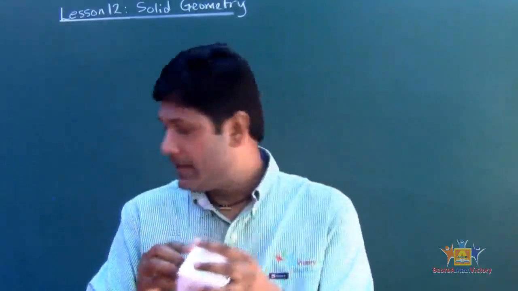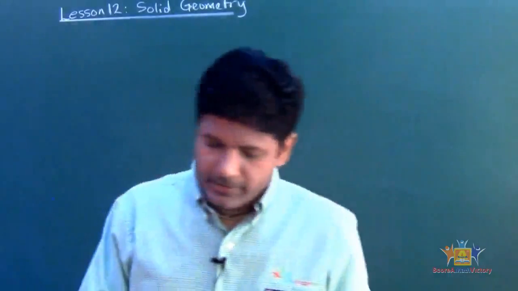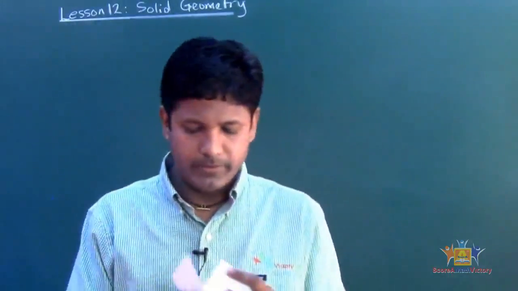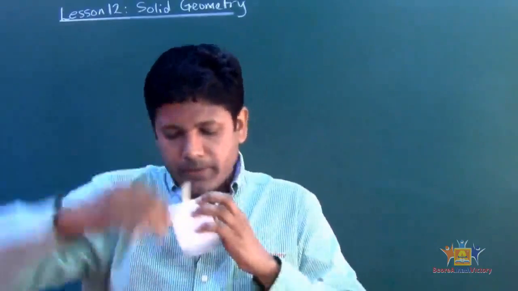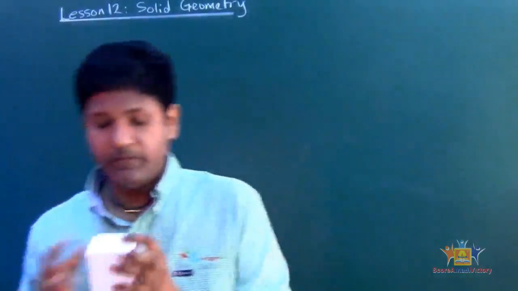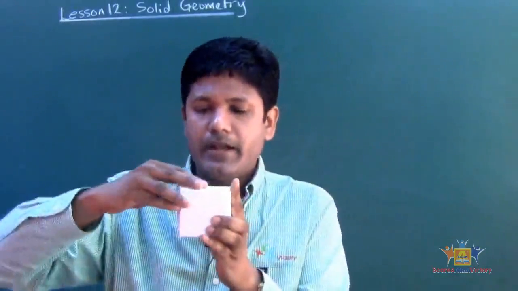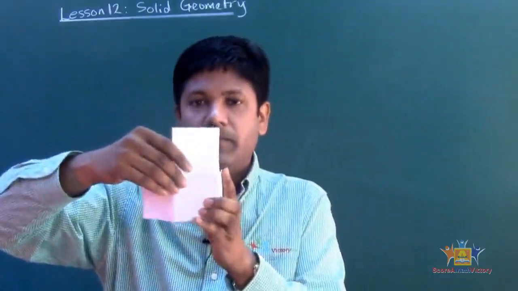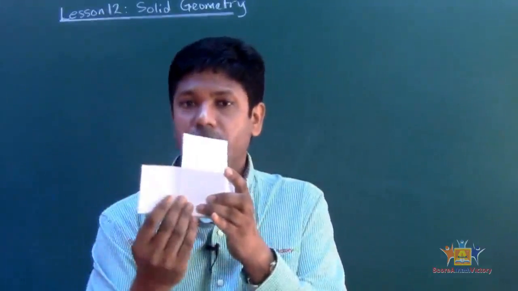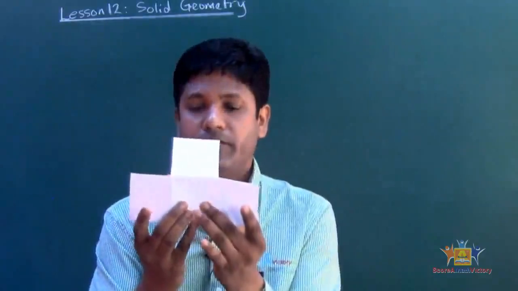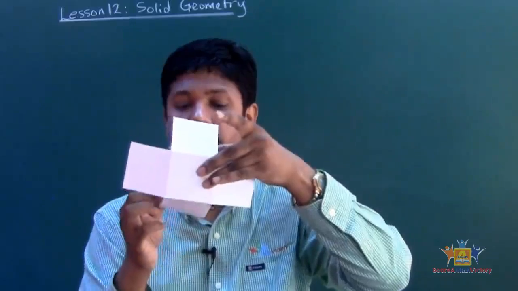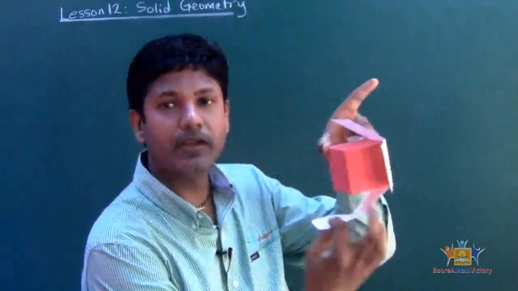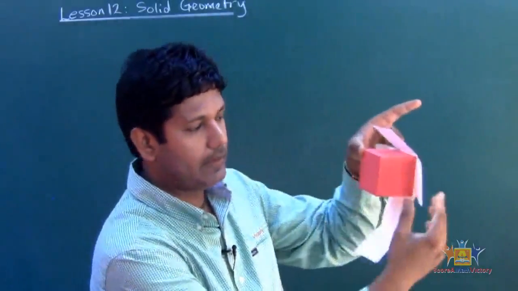Then I'm going to take this blade right here. Be careful, they're pretty sharp. So I'm just going to cut them and find out how many surfaces there are. When I cut it, one surface from the top, another surface from the side, another surface from the side, a surface right there, a surface from the bottom, and a surface from here. Can you see that?